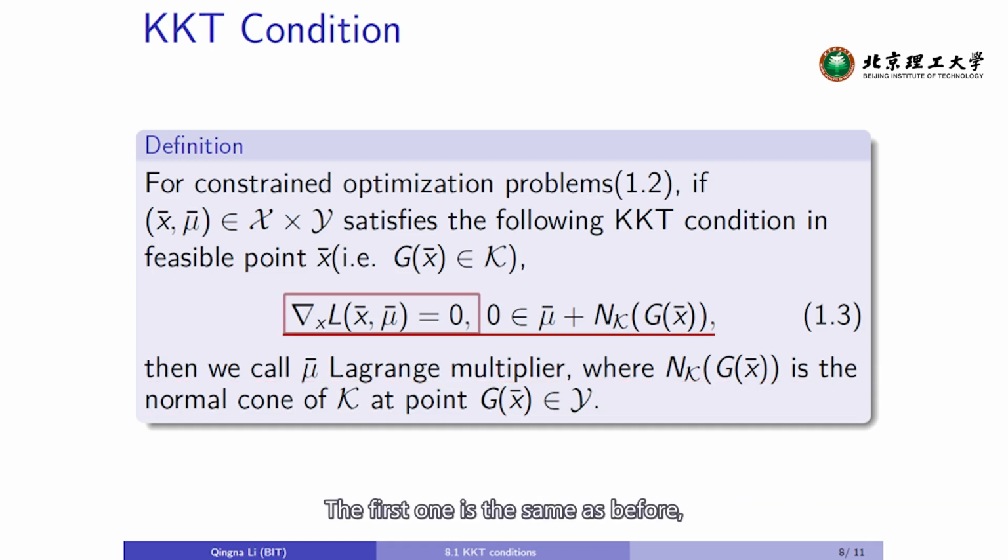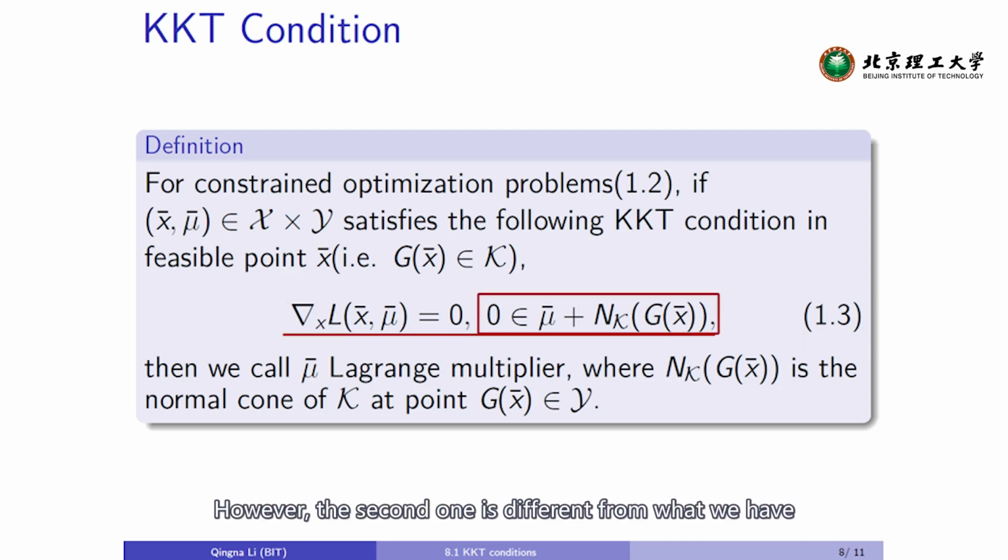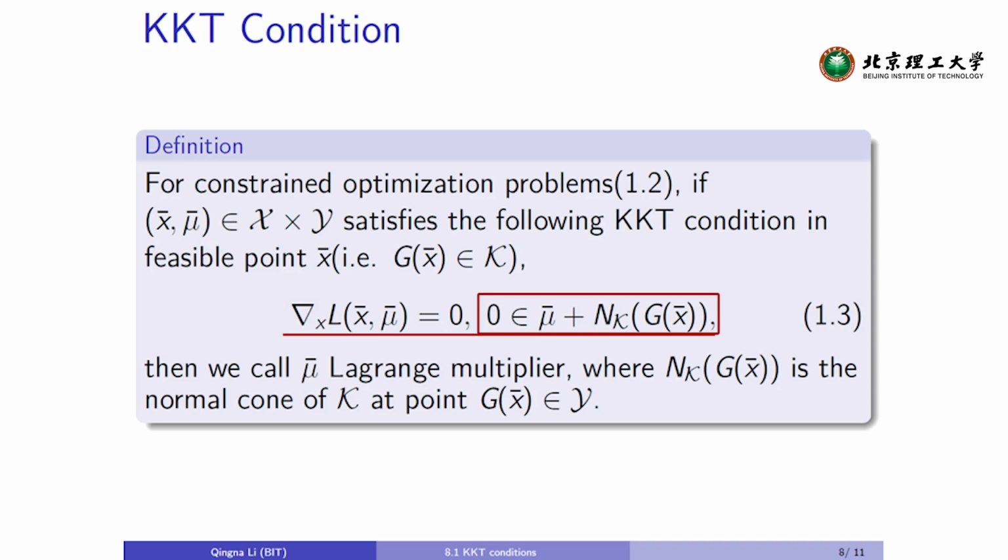The first one is the same as before, which is that we take the gradient of the Lagrange function with respect to x to be 0, right? However, the second one is different from what we have introduced in chapter 7. It is actually a compact form. It means that 0 is in the right-hand side, okay?